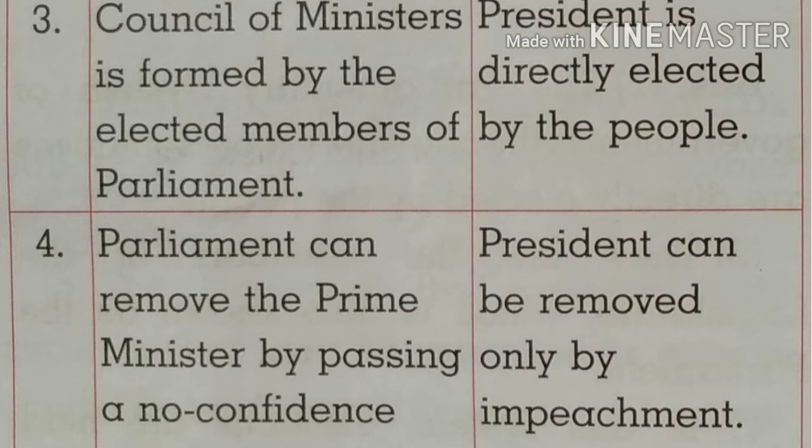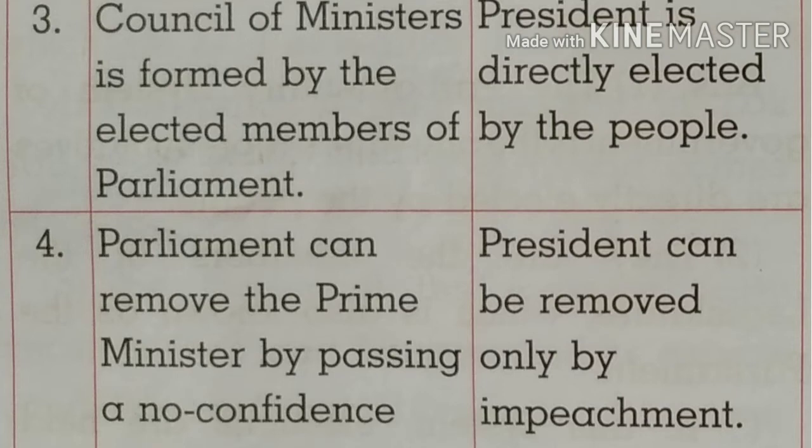In a parliamentary system, Parliament can remove the Prime Minister by passing a no confidence motion. Here, no confidence motion is a vote which states that an individual is not able to hold the responsibility. This vote is in the form of yes or no, and if yes or more, then the person can be removed immediately.